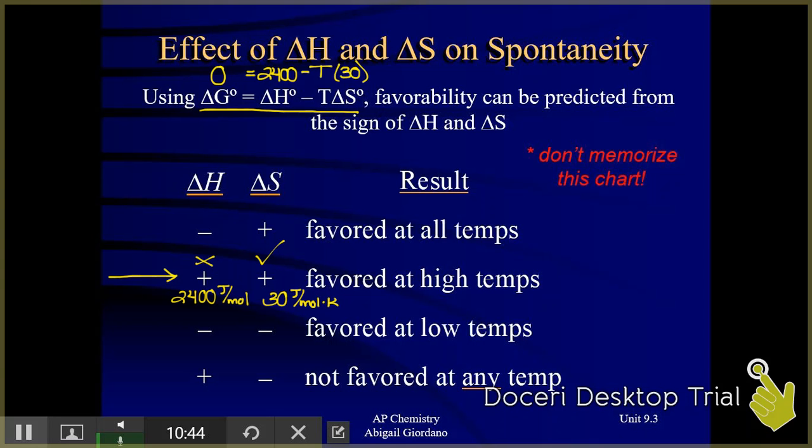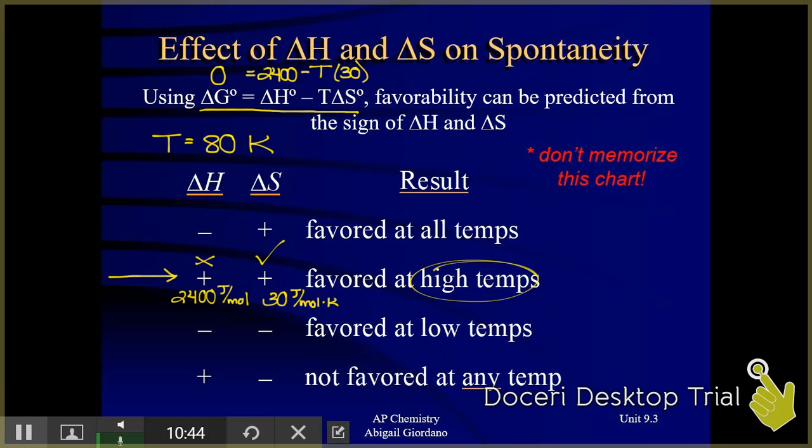If you solve this mathematically, T comes out to be 80 Kelvin. And if you'll notice, guys, what this says right here, it says if we have this situation where the delta H is positive and the delta S is also positive, it says right here, favored at high temperatures.